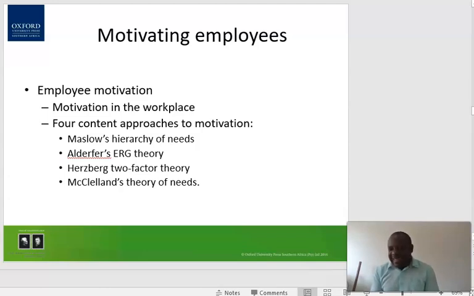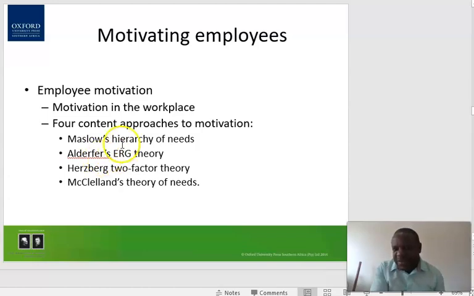But there are similarities between the needs that Alderfer identified and those identified by Abraham Maslow. So if you look at Abraham Maslow's lower level needs, which is basically the physiological needs and security needs, you will realize that they are basically what Alderfer named existence needs.